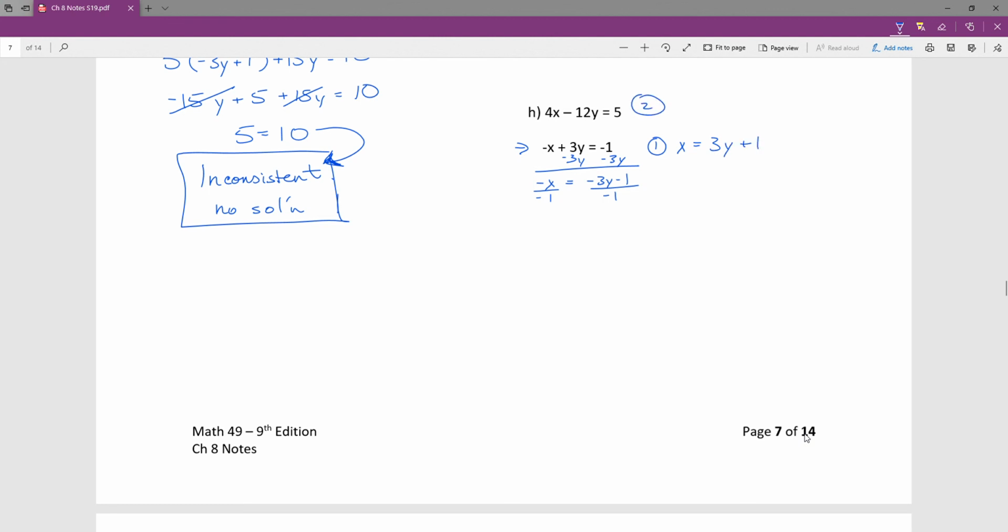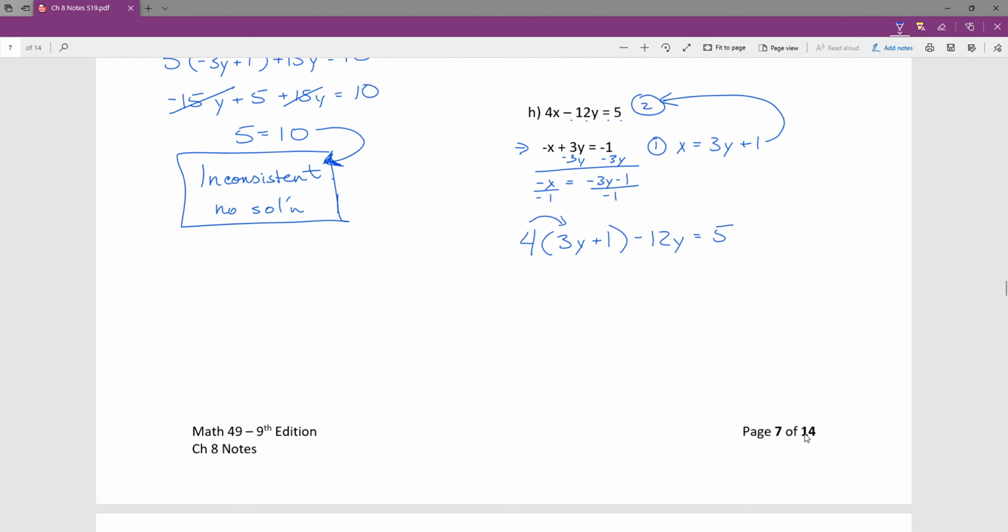That has me now all ready to take that and sub it into the other equation, which I happen to number 2 this time. Okay, so rewriting that, I'd have 4 times this 3y plus 1, and then keep going, copying this out. So negative 12y equaling 5.